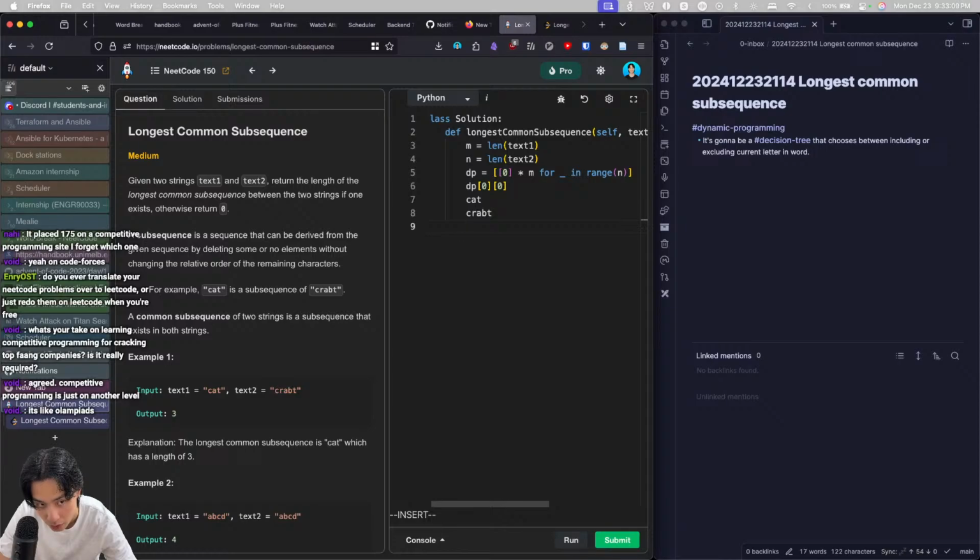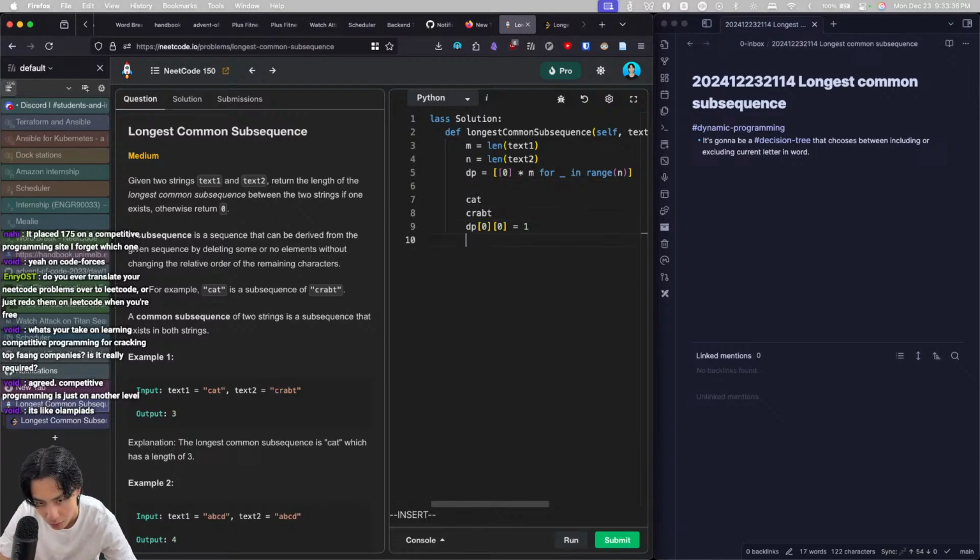The longest common subsequence when you have 0 and 0. What? We're going to say that's 1? Would we?